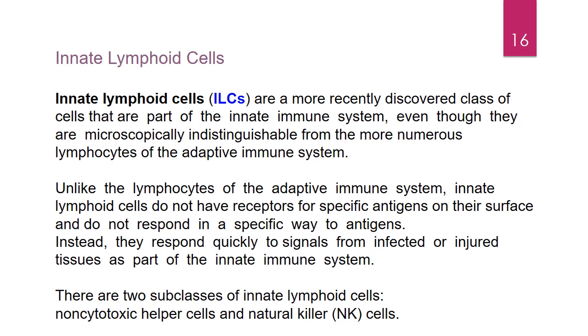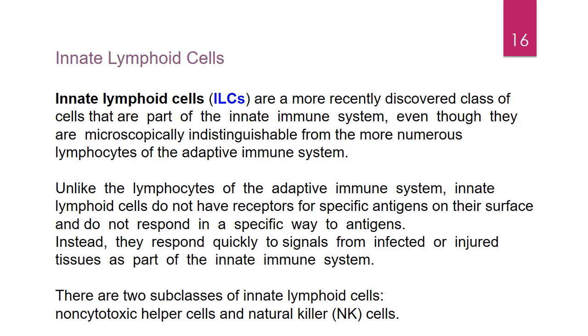Innate lymphoid cells. Innate lymphoid cells are a more recently discovered class of cells that are part of the innate immune system, even though they are microscopically indistinguishable from the more numerous lymphocytes of the adaptive immune system.